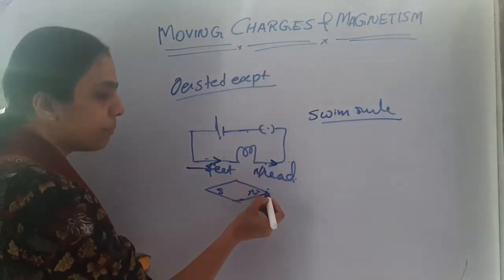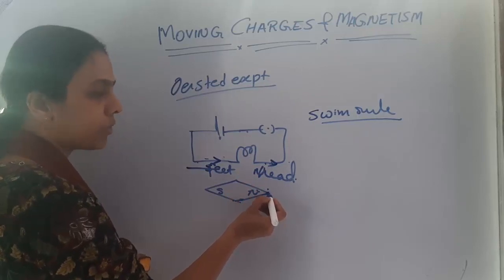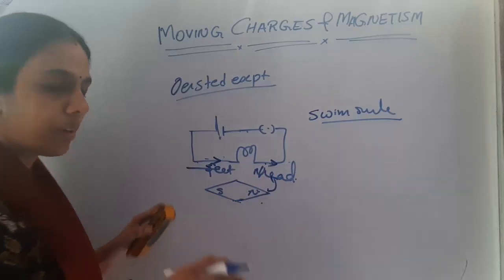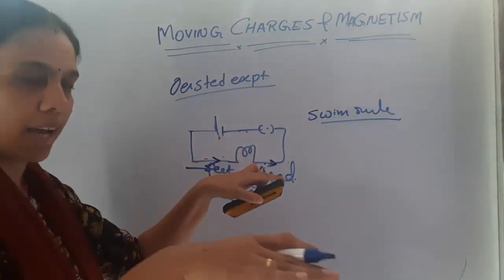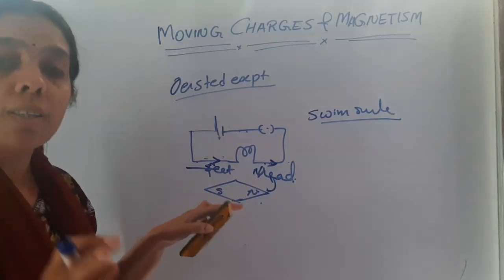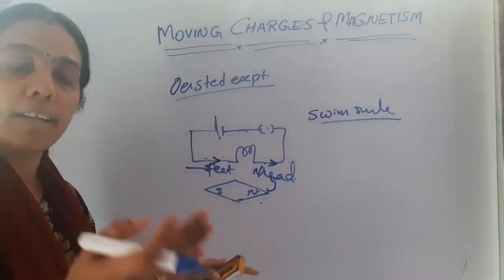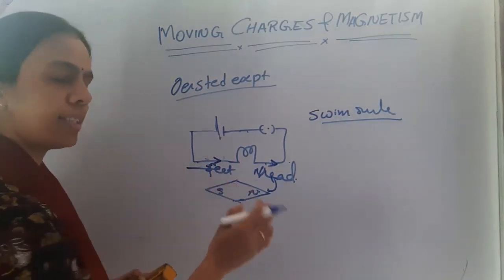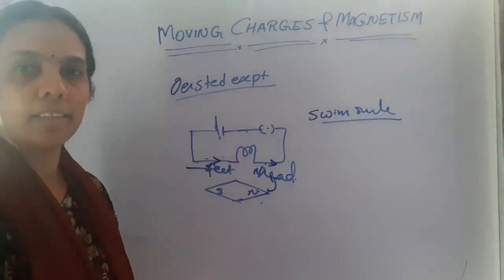Then the north side of the magnet will be deflecting towards his left hand. When he is swimming in such a manner and looking at the magnetic needle, the north side of the needle will deflect towards his left hand. Suppose we keep this magnetic needle above the conductor, what will happen?